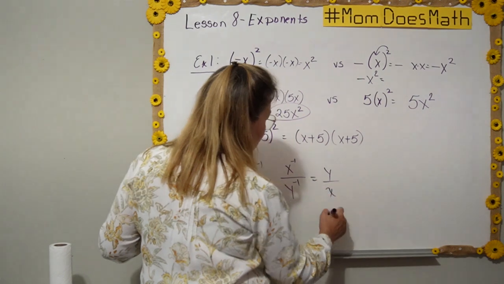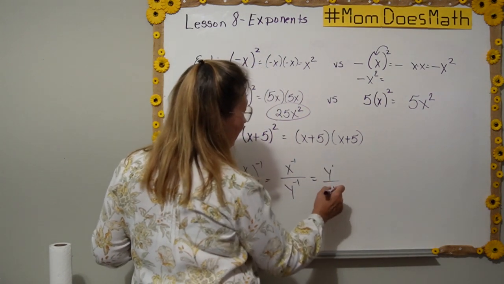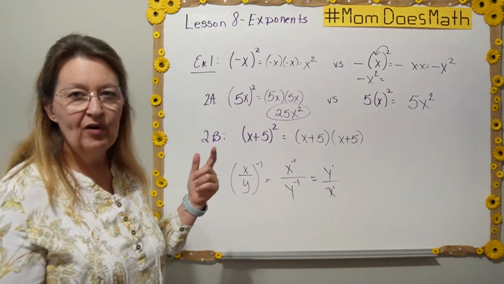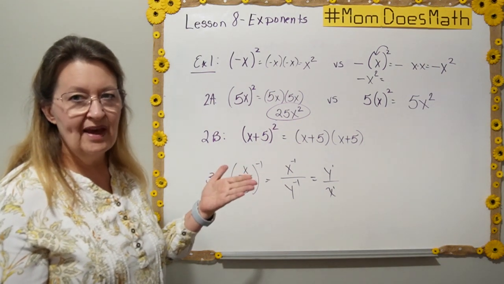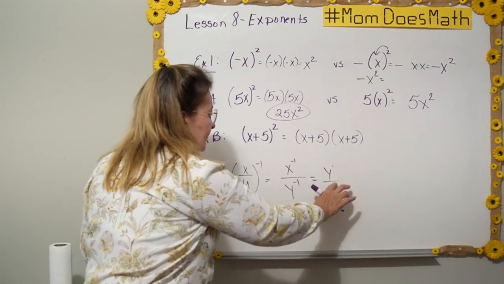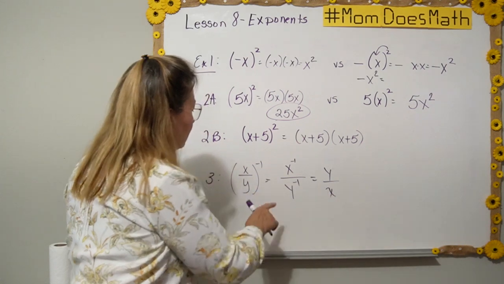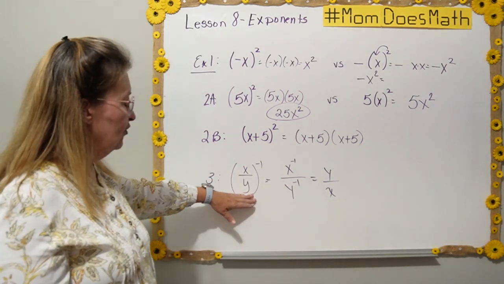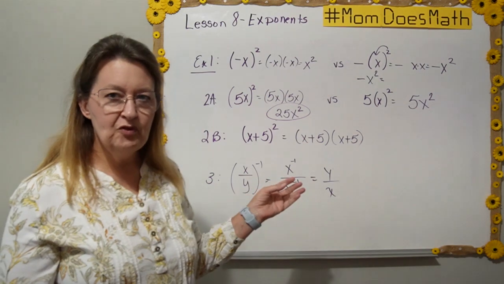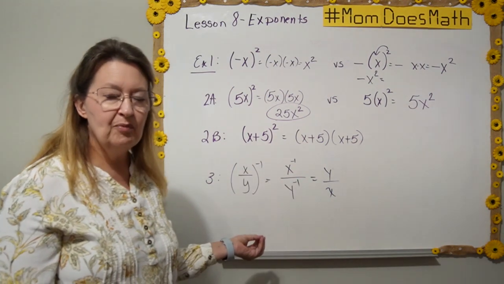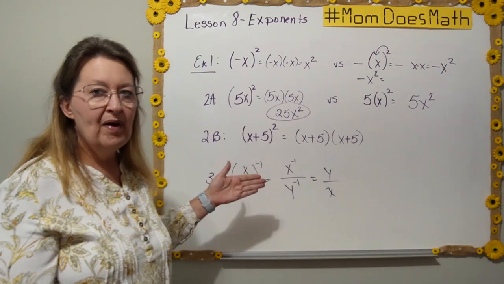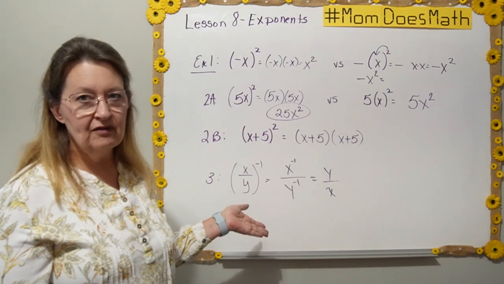So now it's going to be y over x, and you don't have an exponent of 1. A positive 1 is one of those invisible numbers. It's always there, but you don't have to put it, okay? So what you can conclude from this is if you have a fraction raised to a negative exponent and the whole fraction is in parentheses, you can just flip the fraction and then that makes your exponent positive.